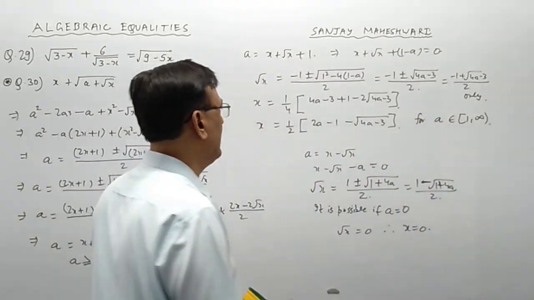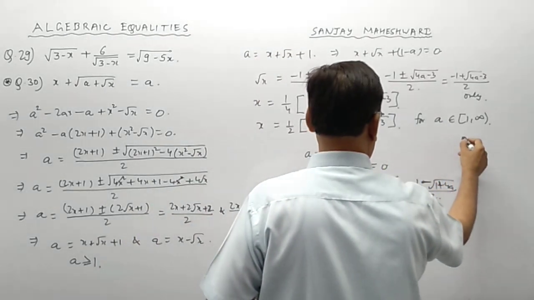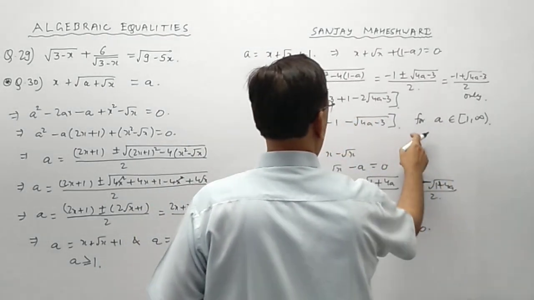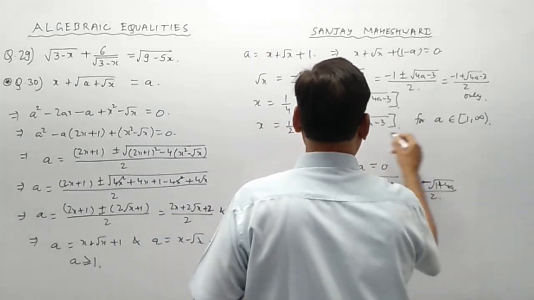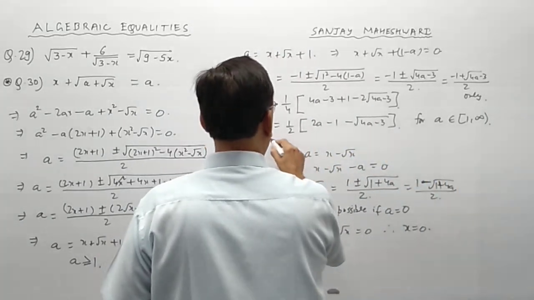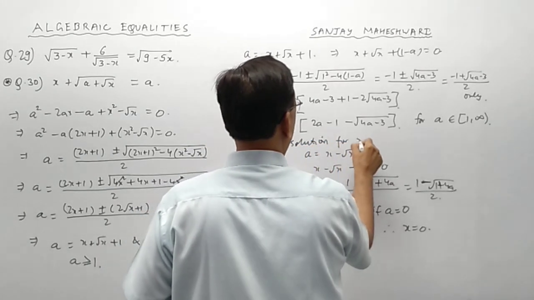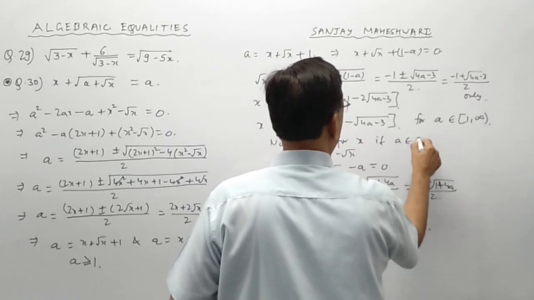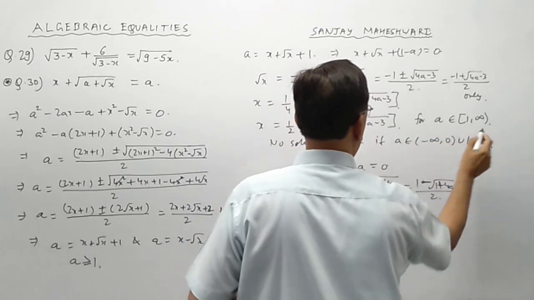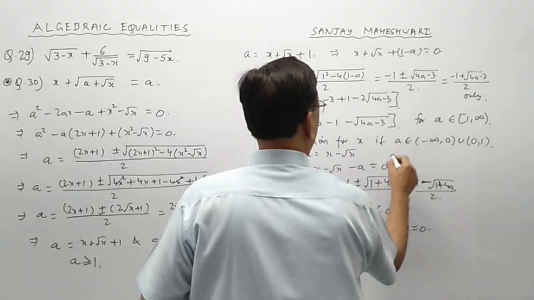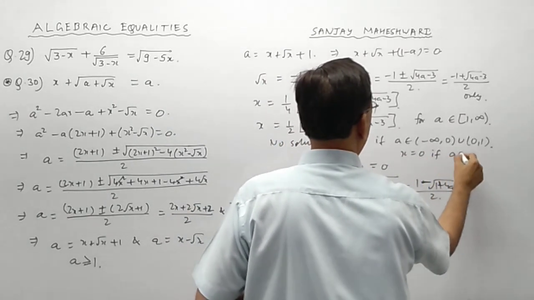So final solution is x equal to 1 by 2, 2a minus 1 minus root 4a minus 3, and no solution for x if a belongs to minus infinity to 0 union 0 to 1, and x equal to 0 if a is equal to 0.